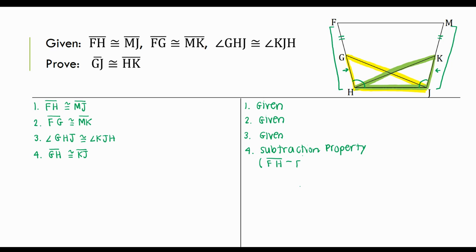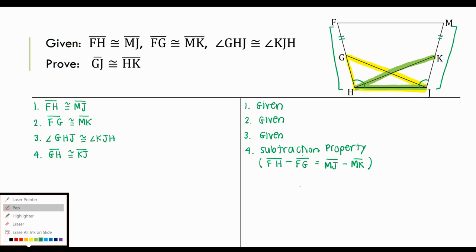I'm subtracting that top piece away of FG, and that's going to get me then the segment GH. I start with the big segment of MJ. I take away the small piece on the top, which is MK, and that leaves me then with the segment of KJ. So I can go ahead and I can then mark those two sides congruent.